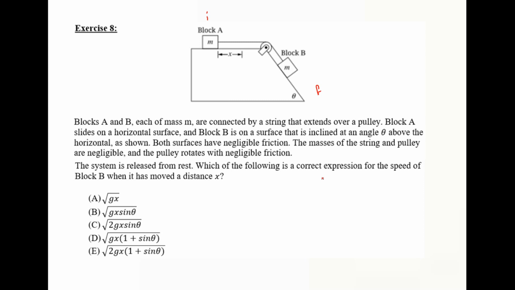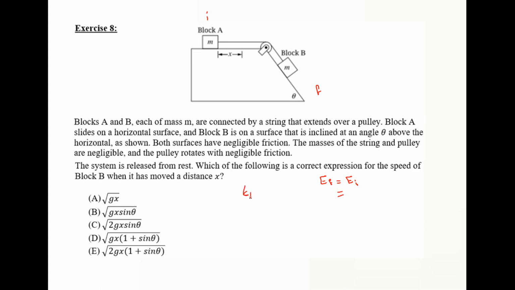Then we apply conservation of energy. Energy final equals energy initial. Now what is energy? Energy is both kinetic and potential, but here notice that we don't have one body, we have two bodies, and we should include two kinetic energies and two gravitational energies for both final energy and initial energy.